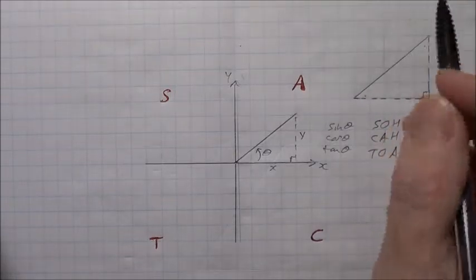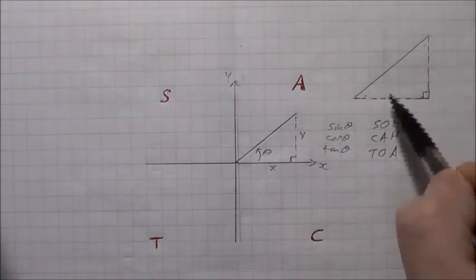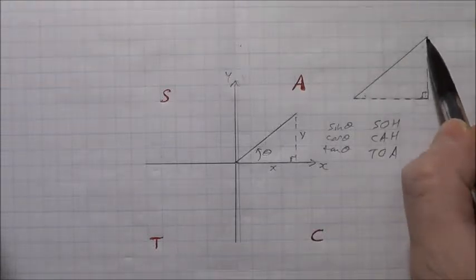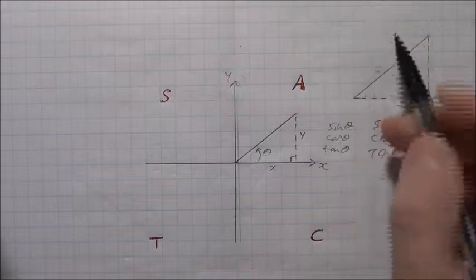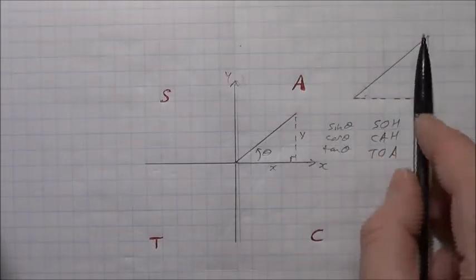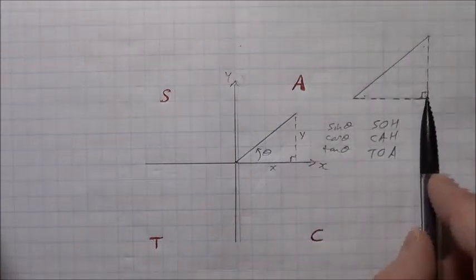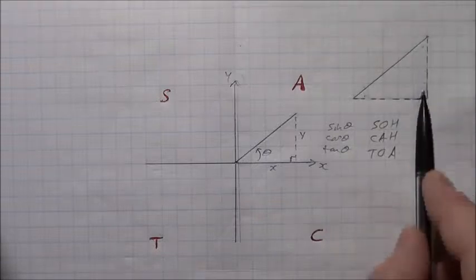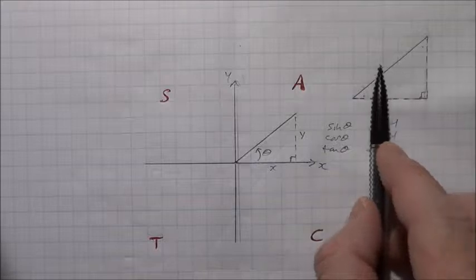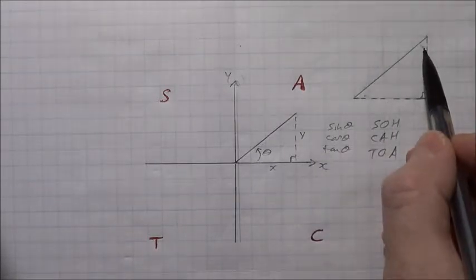I could use some fancy software, and I may do that if I have some time. If I were to drag this point up here, this angle would get larger, and this angle of course gets smaller, because as you drag this point up, this vertical perpendicular would come horizontally to the left, thus making this angle at the top smaller.